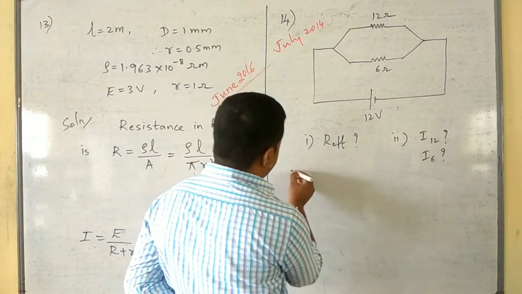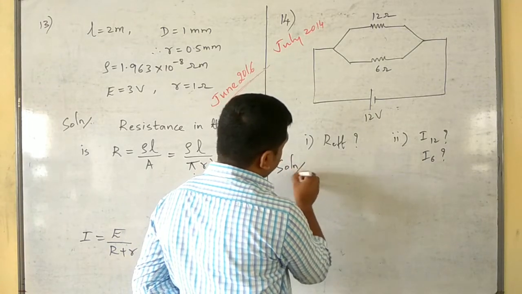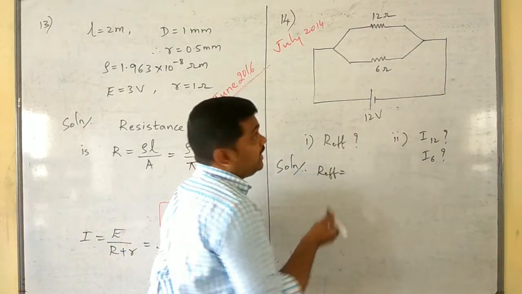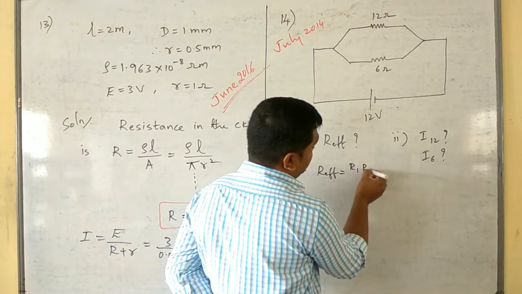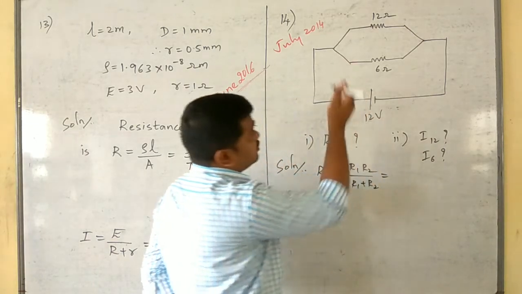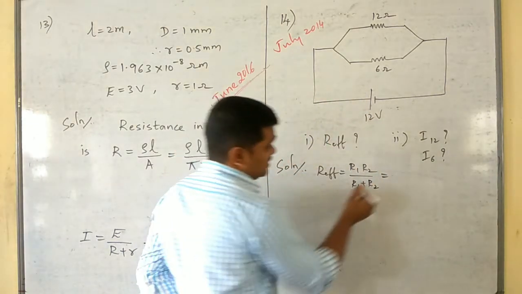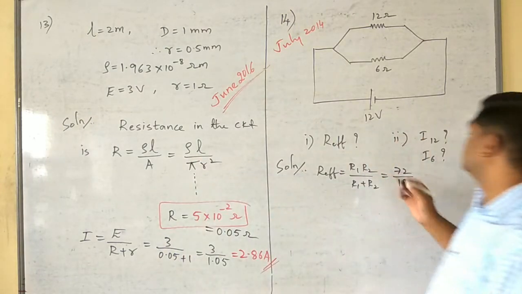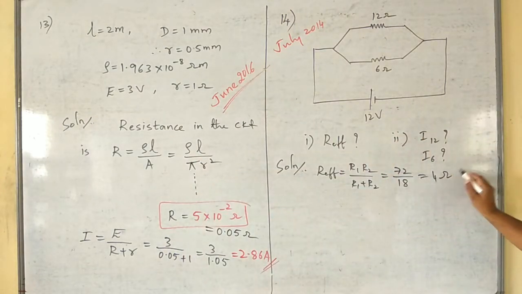How to find R effective? R effective is Rp equals R1 R2 divided by R1 plus R2, that is 12 into 6 by 12 plus 6, 72 divided by 18. So this is 4 ohm.